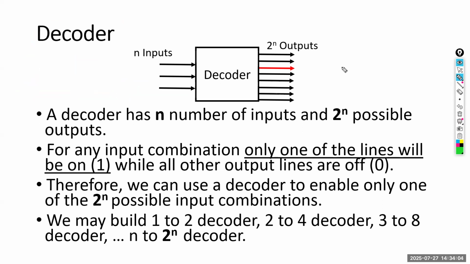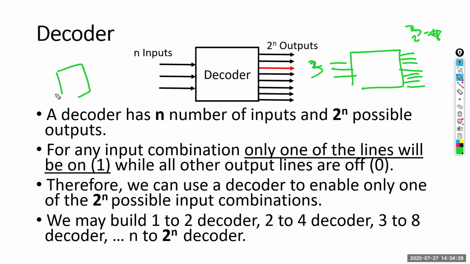So a decoder is an electronic component having n inputs and 2 to the power n outputs. That is the starting point. So 2 inputs, 2 to the power 2, 4 outputs. Or 3 inputs, then 2 to the power 3, 8 outputs. Or 1 input, 2 to the power 1, 2 outputs.